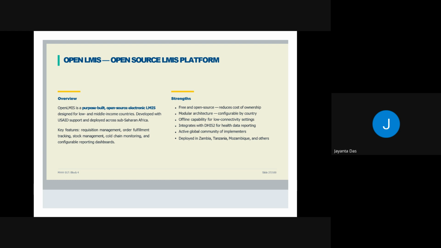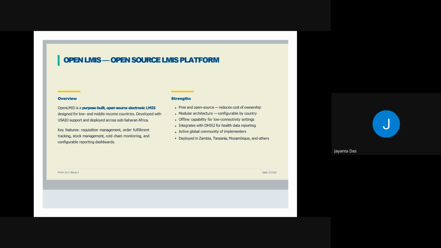The open source LMIS platform. The overview is that OpenLMIS is a purpose-built open source electronic LMIS designed for low and middle income countries, developed with USAID support and deployed across sub-Saharan Africa. The key features are requisition management, order fulfillment tracking, stock management, cold chain monitoring, and configurable reporting dashboards.